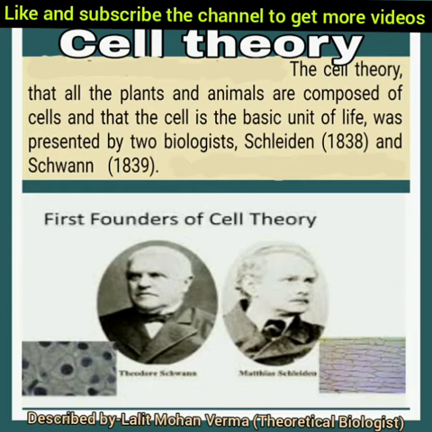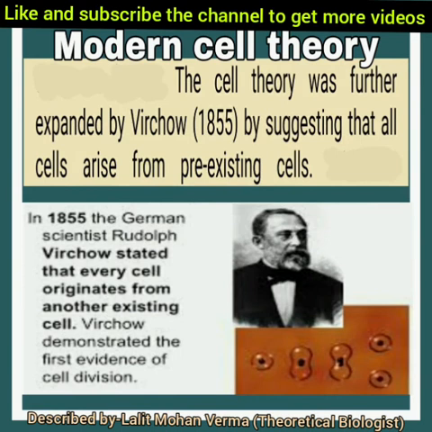But in 1855, the cell theory was further expanded by Virchow, by suggesting that all cells arise from pre-existing cells. Rudolf Virchow was a German pathologist who established that all cells arise from pre-existing cells.